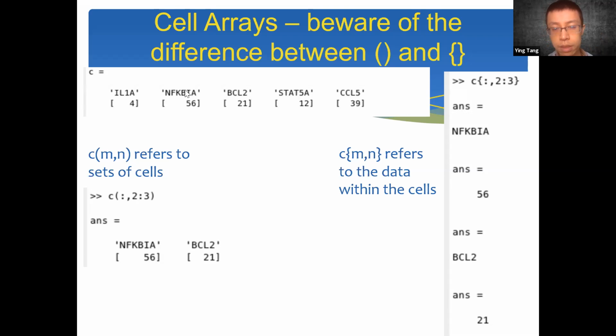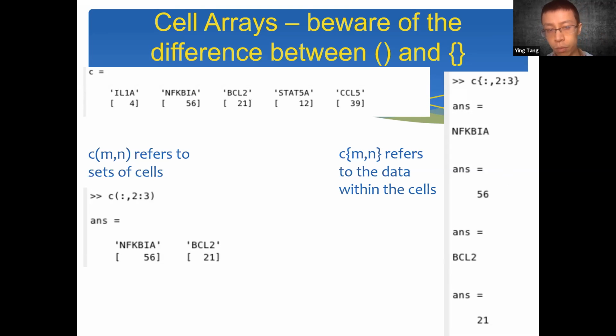So there are two different ways. This will be very important when you code, because if you use the first way, the output is still a cell. If you use the second way, the output will be the data structure inside that unit. It can be a string, it can be a matrix.